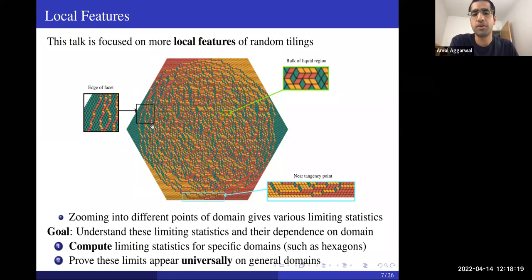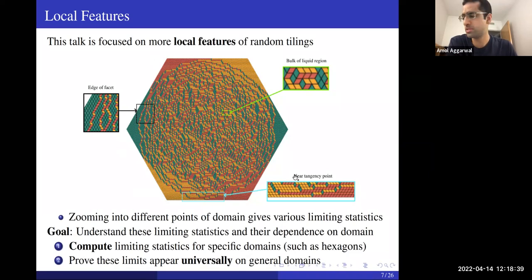Another example is near the edge of a facet, or alternatively near the Arctic boundary, where I see mainly tiles of one type. Over here, I see mainly these green tiles, but I see a few of these defects, these red and orange tiles, which will appear, and then one wants to understand the behavior of those.